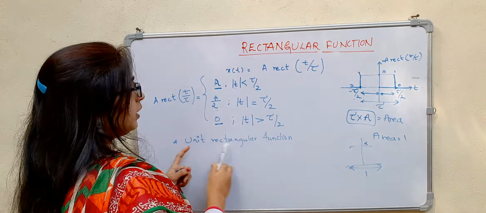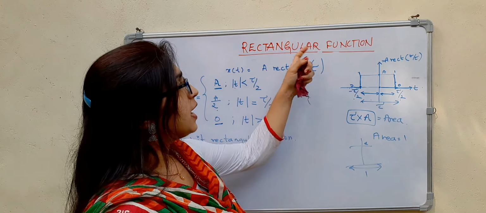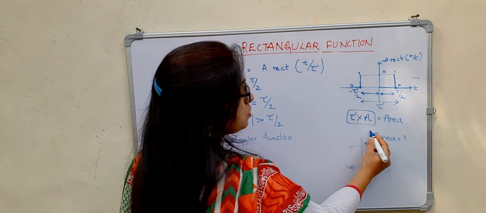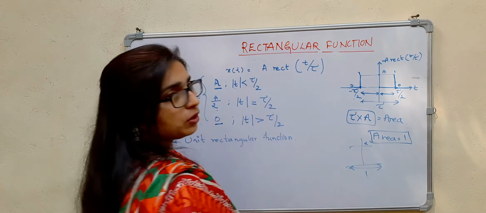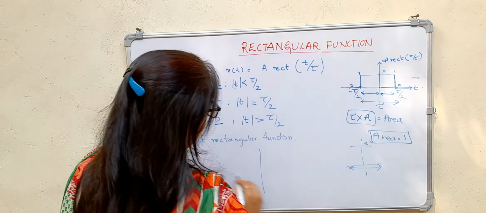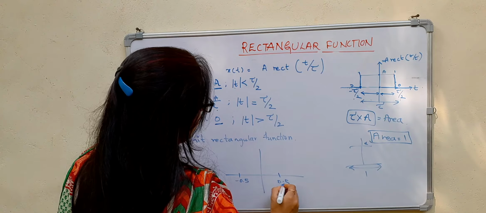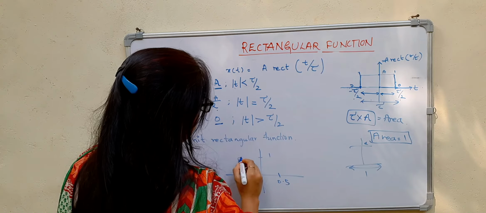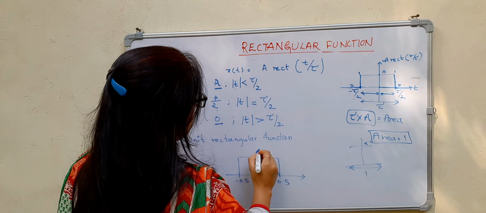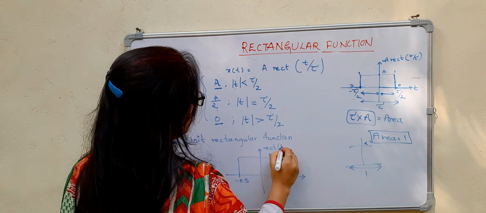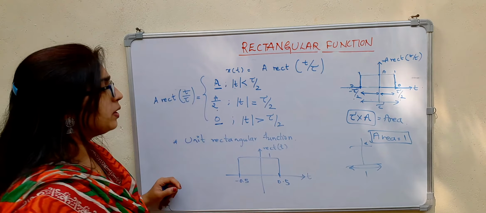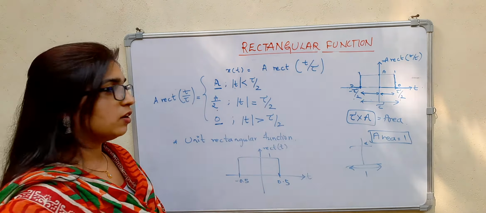So the unit rectangular function is that rectangular function whose area is equal to unity. I can consider it like this: minus 0.5, 0.5, and here the height is 1. So this can be considered as rect(t). This will be our unit rectangular function.